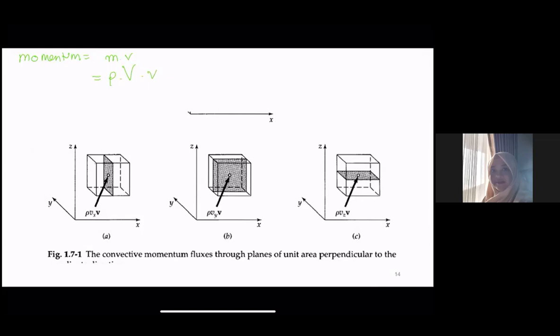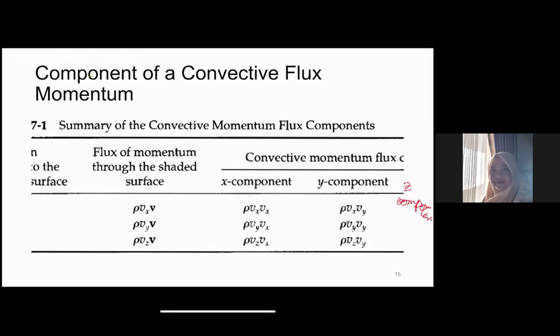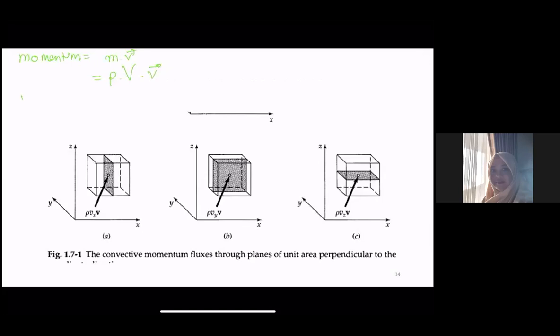So v is the velocity while this is the volume. Now because we're in the fluid, we have to talk about momentum rate, which is rho multiplied with the volumetric rate.